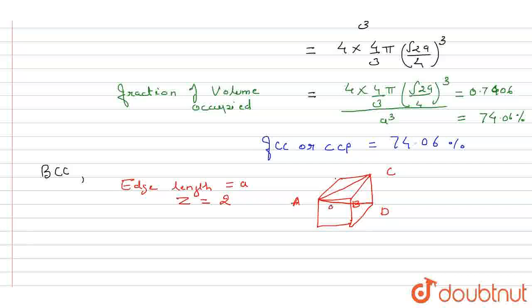As we know that these are the edge length and the value of this is A. So by doing the Pythagoras theorem, we get AC square is equals to 2A square.